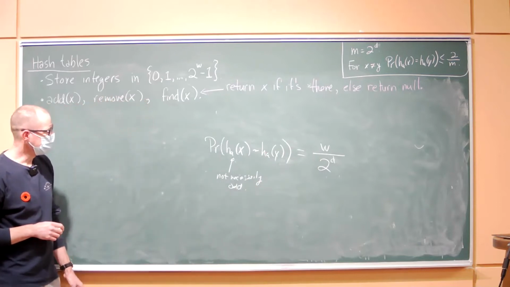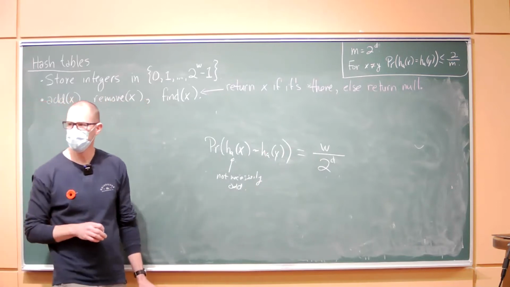So the even numbers are bad for this hash function.